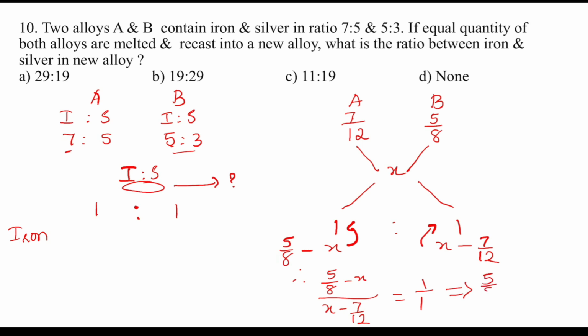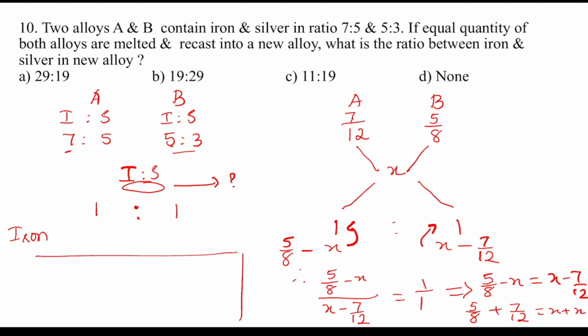Cross multiplying, 5/8 minus X is equal to X minus 7/12. X terms one side, so it is 5/8 plus 7/12, which is equal to X plus X. So we'll solve it here.